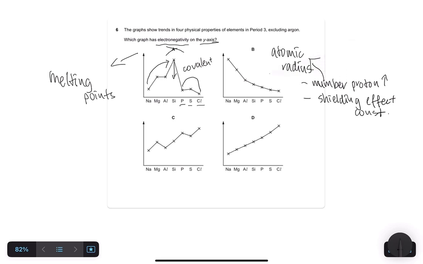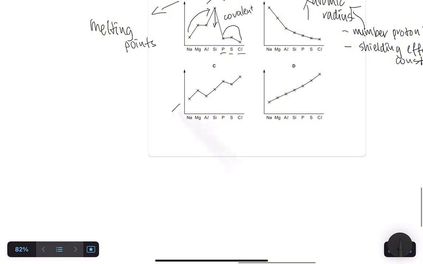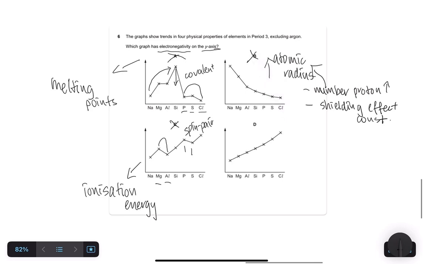Therefore, atomic radius decreases. And for C, it shows the ionization energy graph. It usually increases, but for magnesium and aluminum, there is an orbital change in electrons added, and for phosphorus and sulfur, there's spin pair repulsion. So it is not the answer, and B is not the answer too.